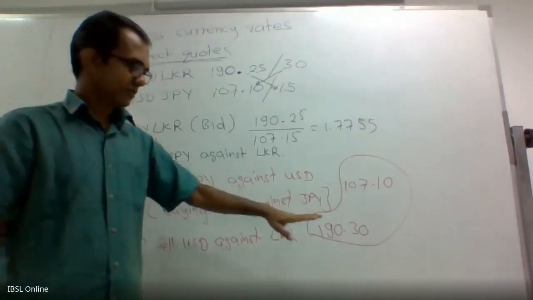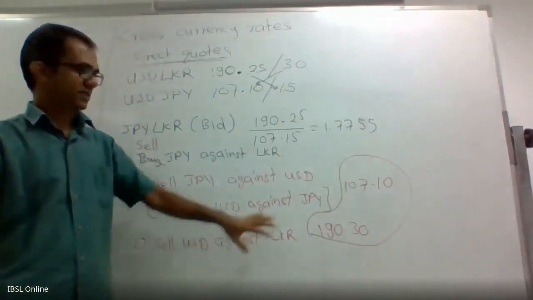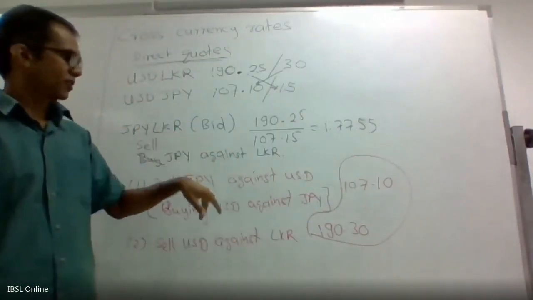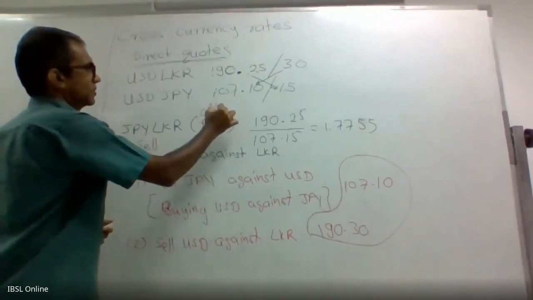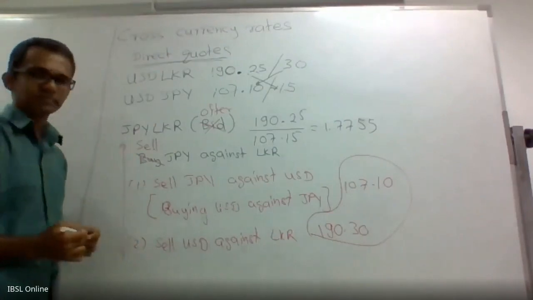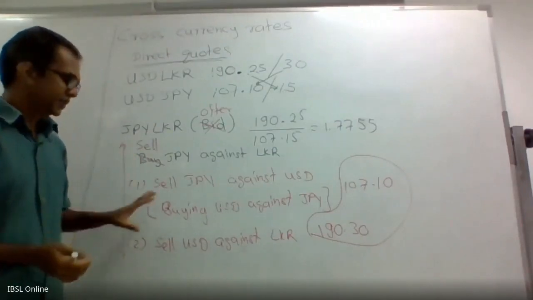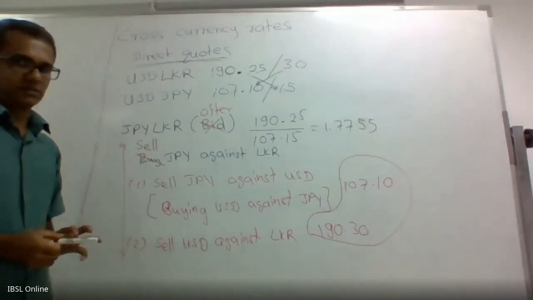What do we do? Weaker currency divided by the stronger currency. That was there here earlier to calculate the offer. Instead of bid, to calculate the offer, we follow this. This is the intuition behind the rule that we discussed.